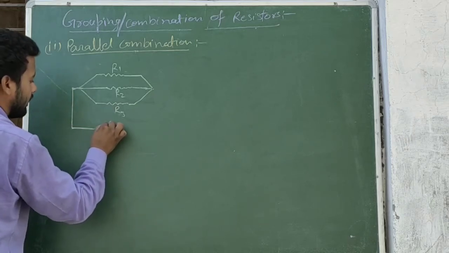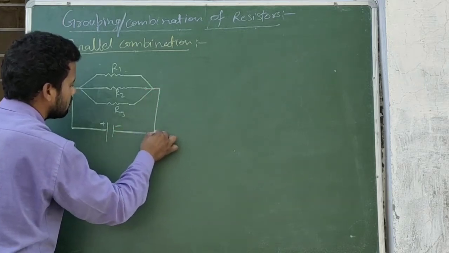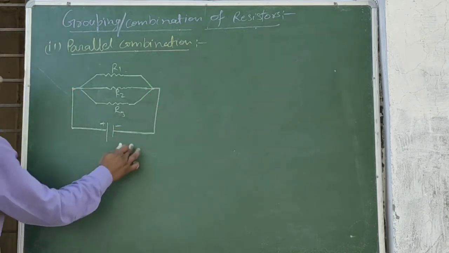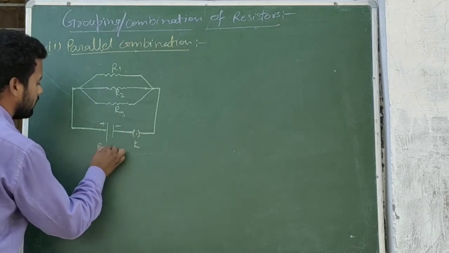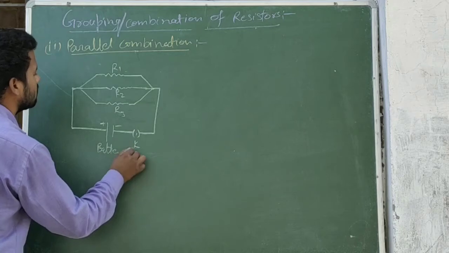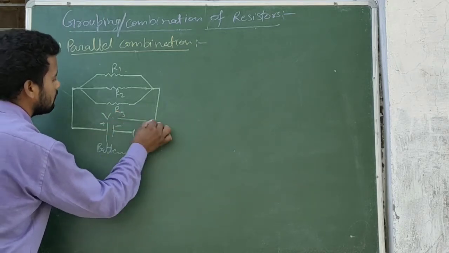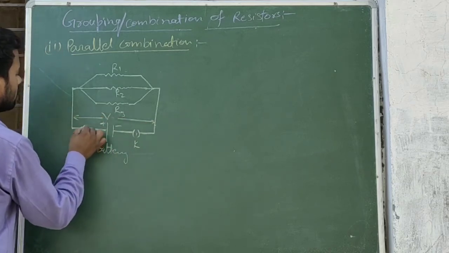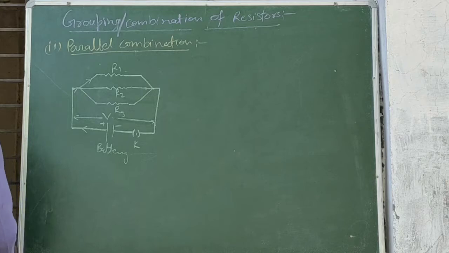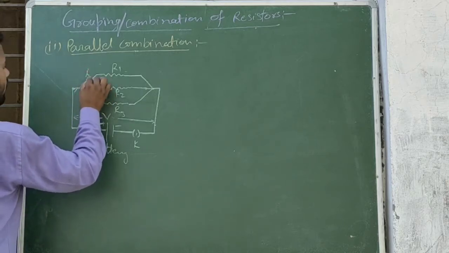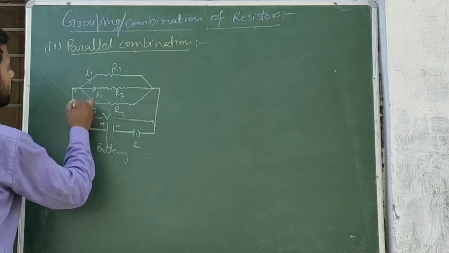This is also connected to a battery in this way, with the help of plug key K. This is the battery. The potential across all of them will be equal, V, and the currents flowing in the resistors are I1, I2 and I3.